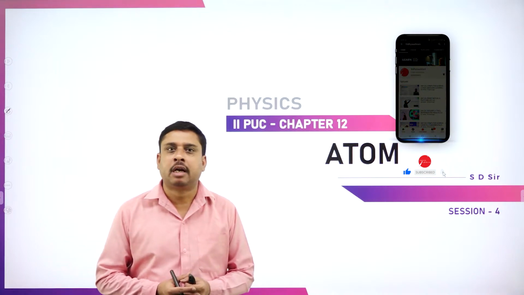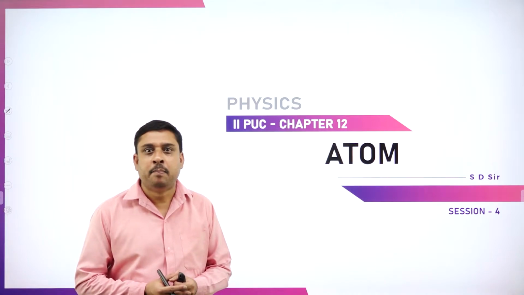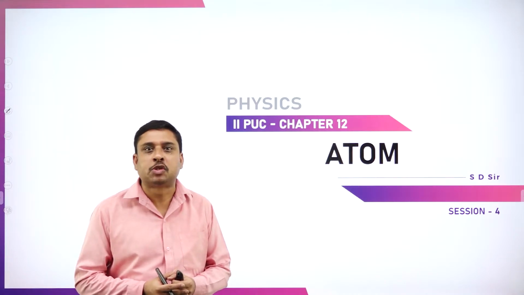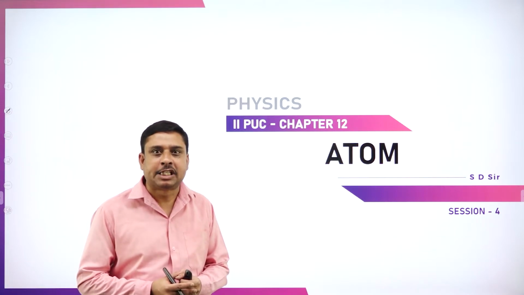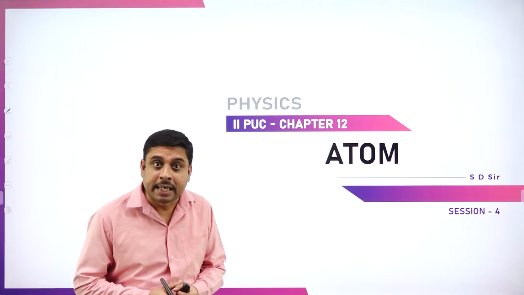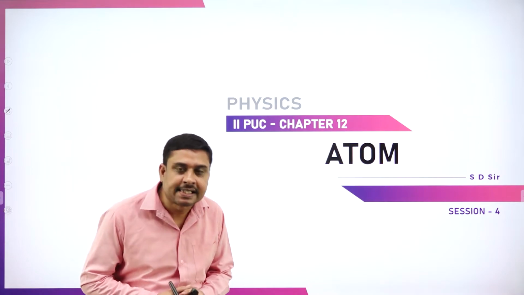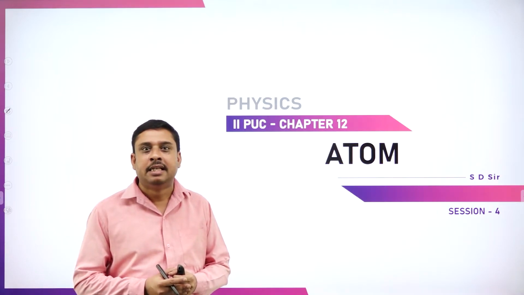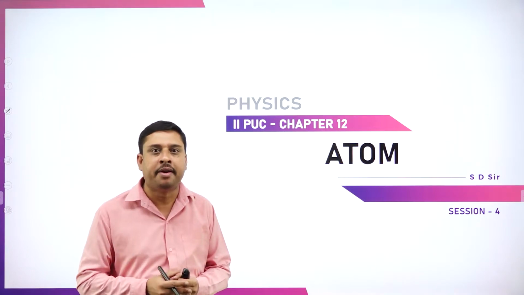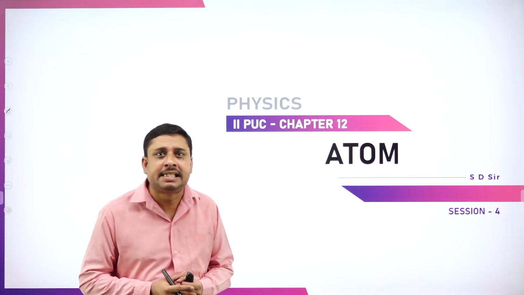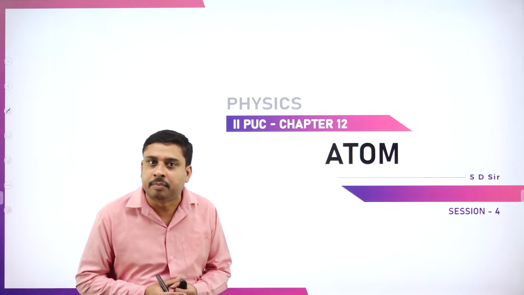If you recall my previous session, based on Bohr's postulates, we derived an expression for orbital radius, orbital velocity, and the total energy of an electron in the nth stationary orbit of hydrogen atom.